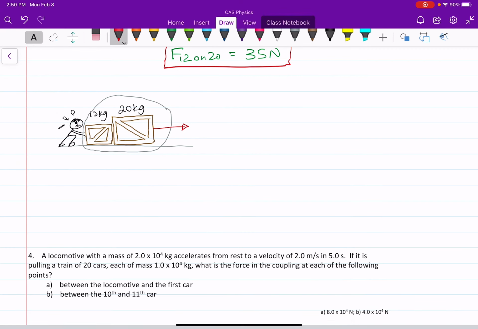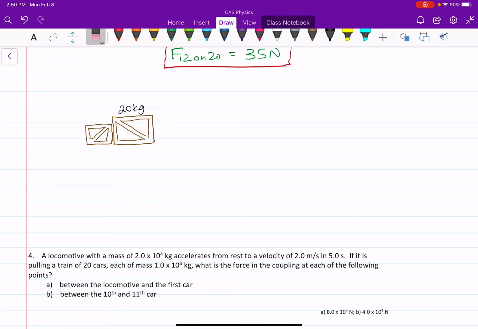So let's erase all this fluffy stuff. Get rid of this person, well, you can keep the masses, they're the same. But now imagine that instead of pushing from that direction, we've got the person pushing from this direction. Let's move a little closer. So you've got him pushing from this direction.